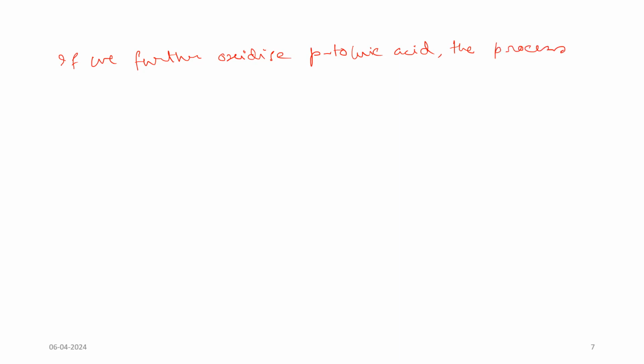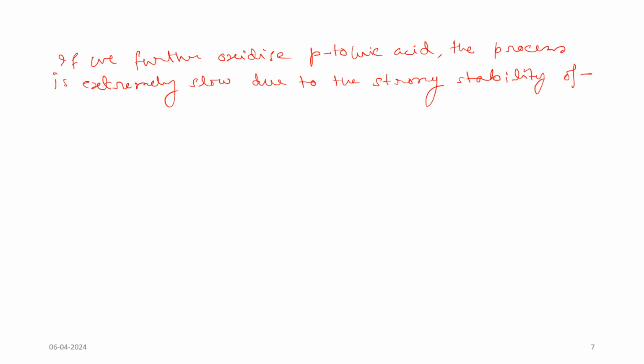So if we further oxidize p-toluic acid, the process is extremely slow due to the strong stability of para-toluic acid.